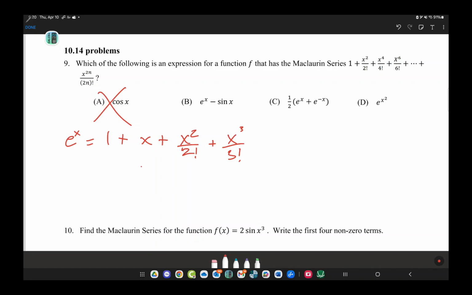What is sine x? Sine x is alternating, and odd, which means it is x minus x cubed over 3 factorial plus x to the 5th over 5 factorial minus x to the 7th over 7 factorial.